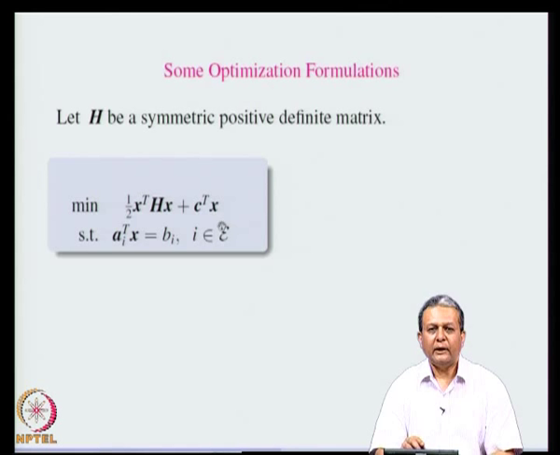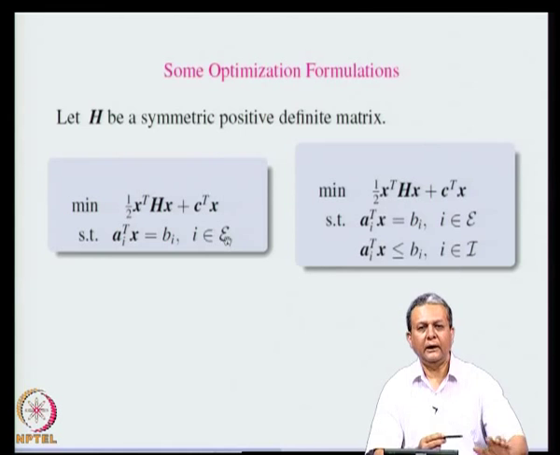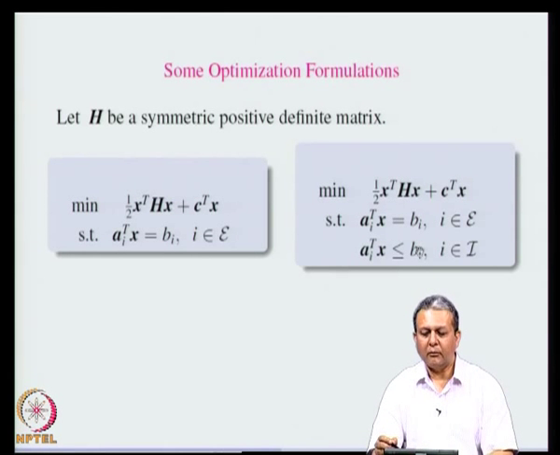The ideas that we discussed here can be used to solve a quadratic program which has linear equality and inequality constraints. For example, the quadratic program with linear equality and inequality constraint could be of this form, where script E and script I denote the equality and inequality constraint sets.